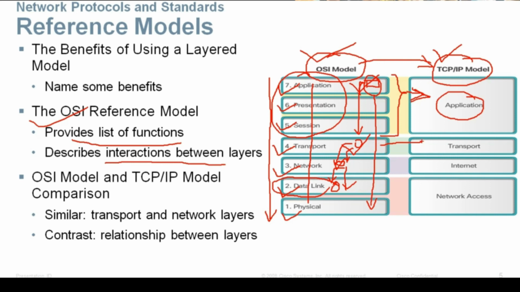Then the transport layer as it is, we use the network layer as it is from the reference model, while here the data link layer and physical layer, which are again not dividable, we are combining into the network access layer. So now in the TCP/IP model, you will find only 4 layers, while in the OSI model you have a total of 7 layers, right? That is the difference between the OSI model and the TCP/IP model.